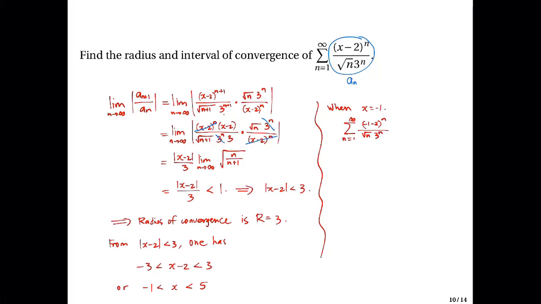And this will be simplified into the series negative 1 to the n over square root of n from 1 up to plus infinity. Let me label this as star. Now, star is an alternating series.